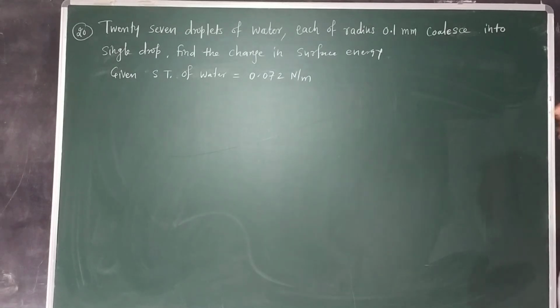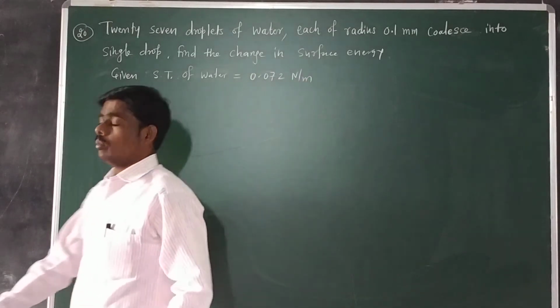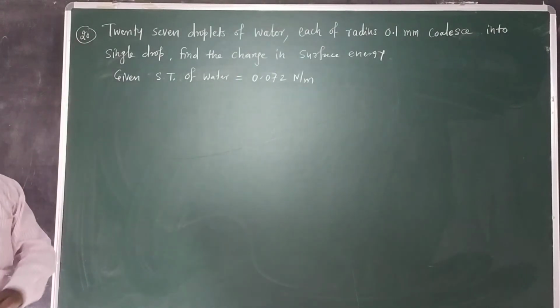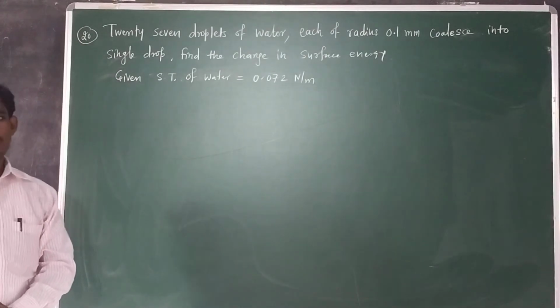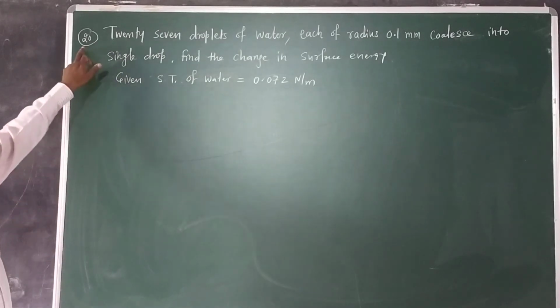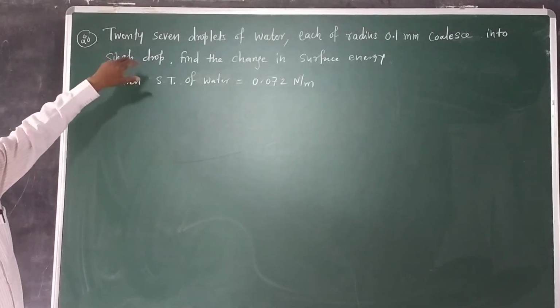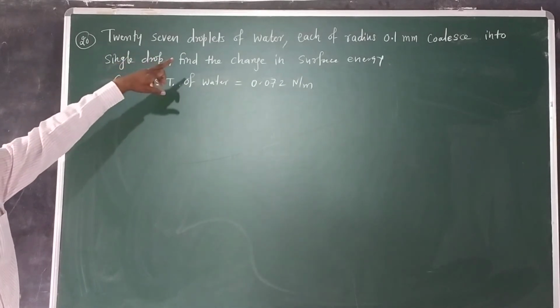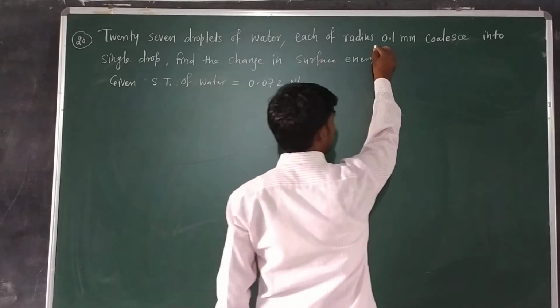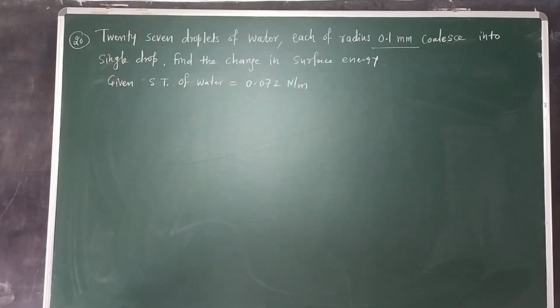This is problem number 20. Problem number 20 from chapter Mechanical Properties of Fluid, and the book is Maharashtra State Board book. Problem number 20. Read the problem. 27 droplets of water, each of radius 0.1 mm, coalesce into single drop.